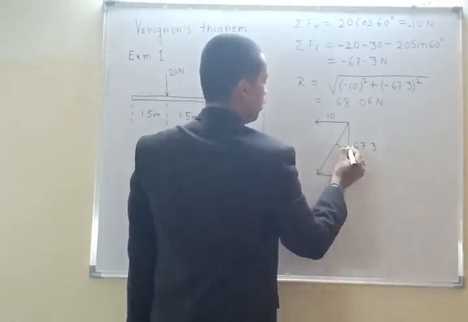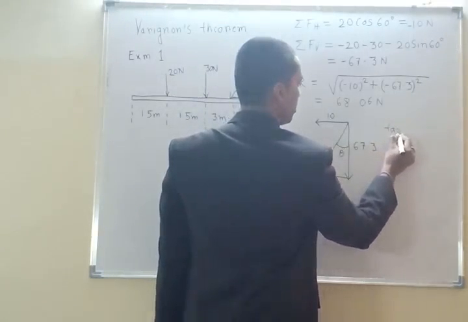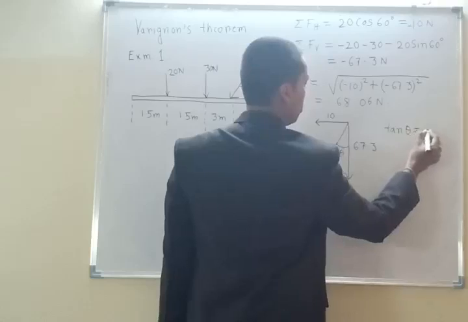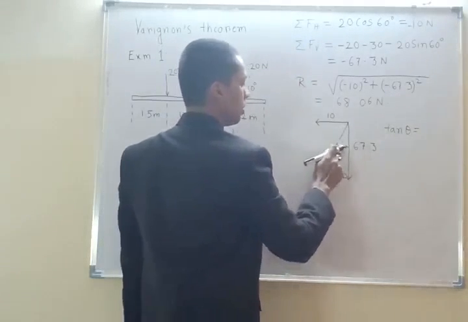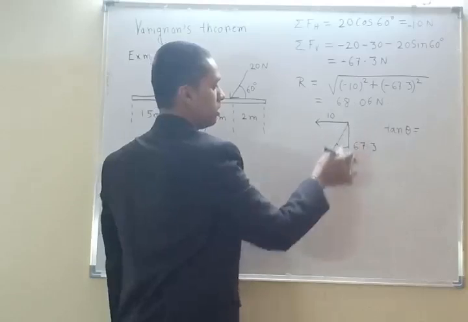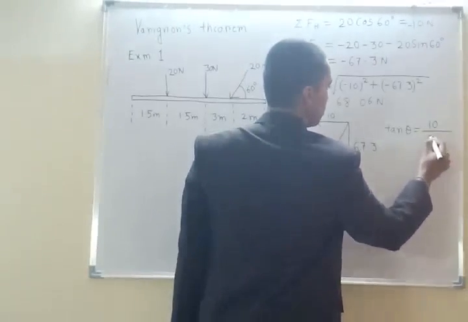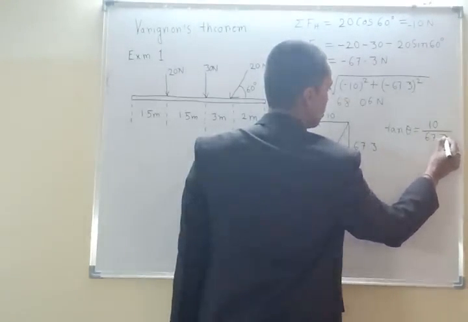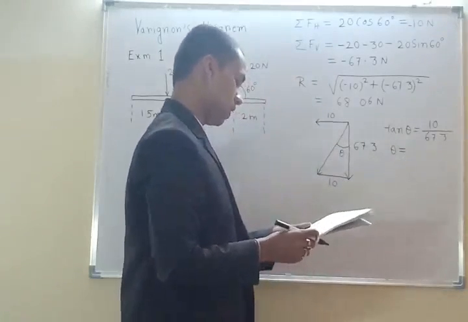This one is theta, so tan theta is equal to, the height is this one, the base is this one. If this is the angle, then the opposite is height, and this is going to be the base. So 10 by 67.3. Theta is equal to tan inverse of that one.